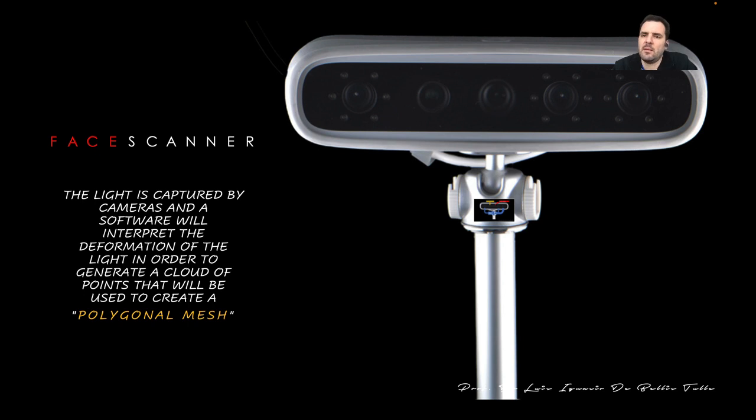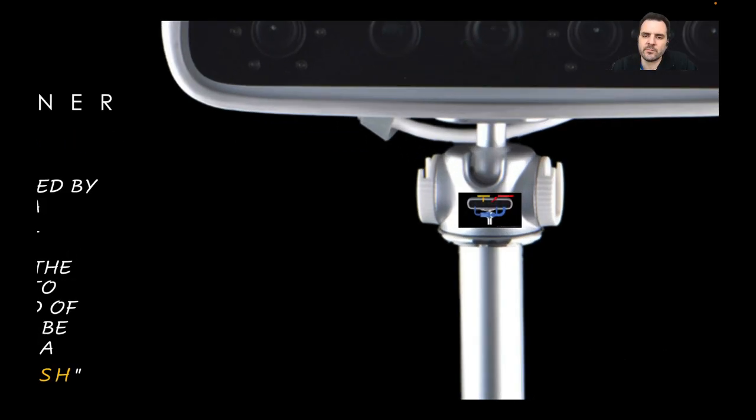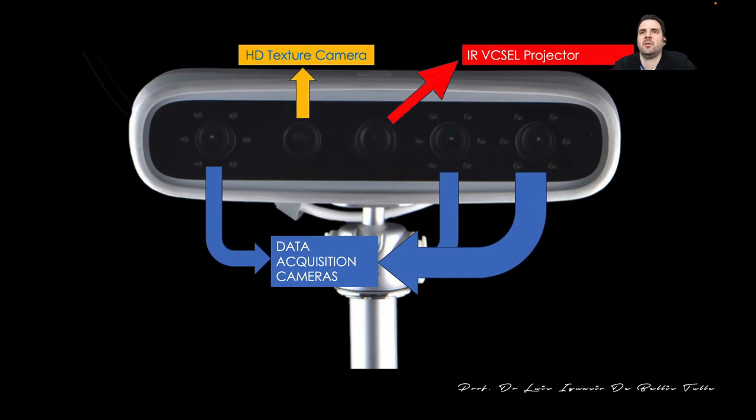And MetiSmile, the one you are looking at here on the screen, is, in my opinion, brilliant because, first of all, it has three cameras for data acquisition. They are black and white cameras. It has one HD texture camera that is going to give us the color, and it has an infrared projector.